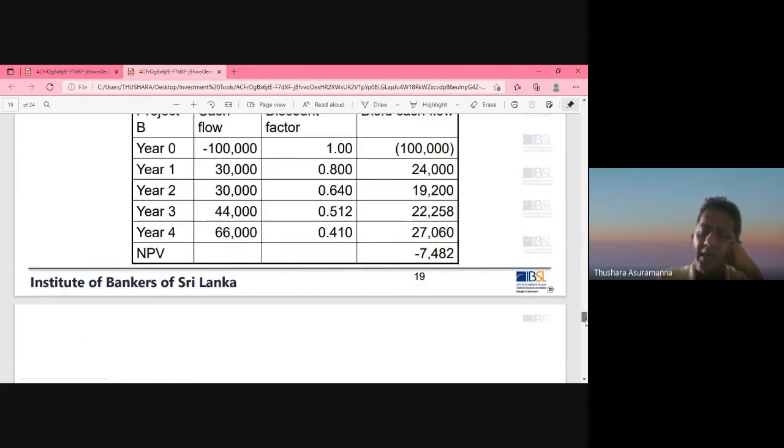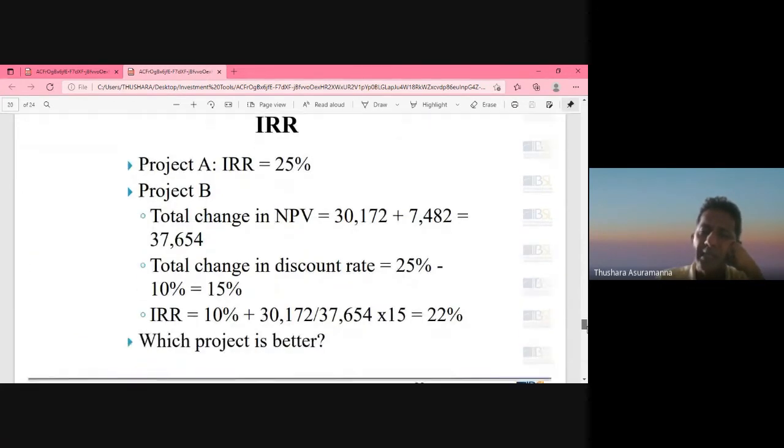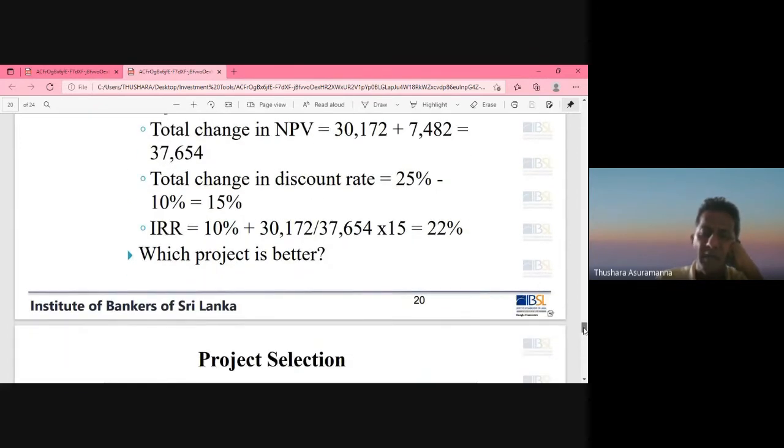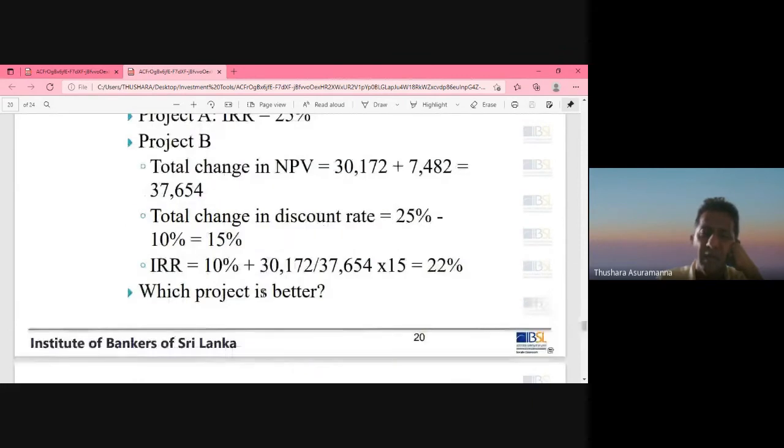Okay. How we are going to do it is, this is the equation. IRR is equal to, we'll say 10% is the interest rate 1, we can say R1.